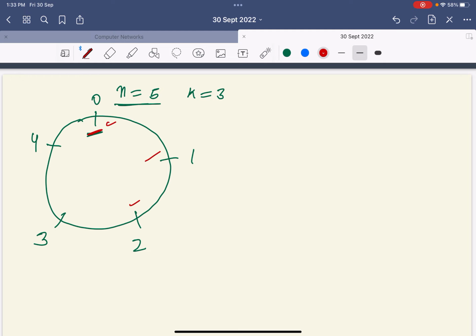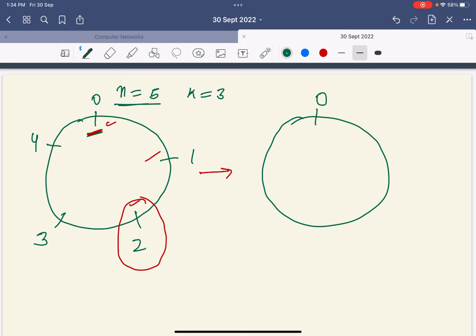This is the kth person, so I will kill this person, and after that I will be left with 0, 1, 3 and 4. And after that the sword or pistol or whatever it is will be handed over to the person next to the person which is killed.